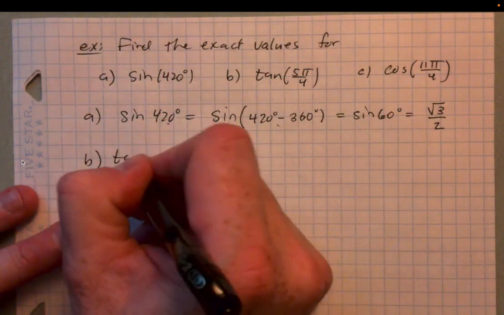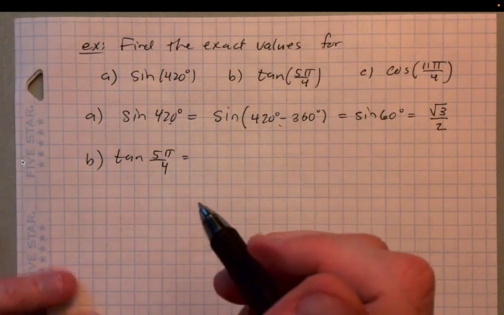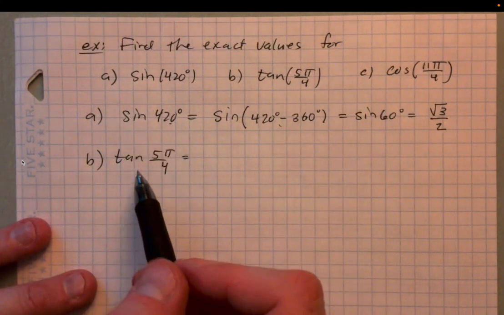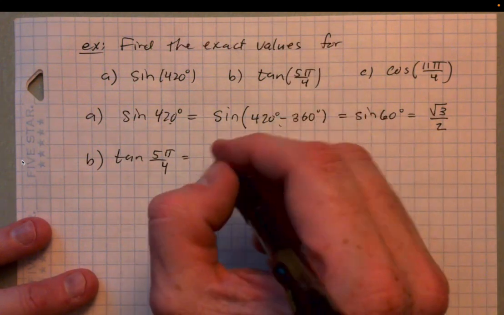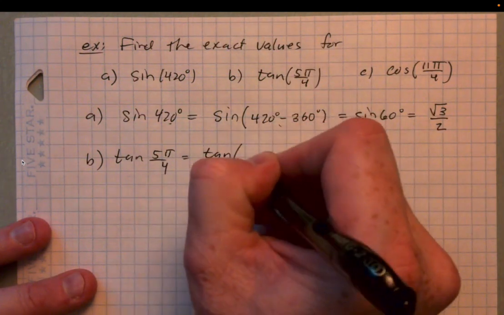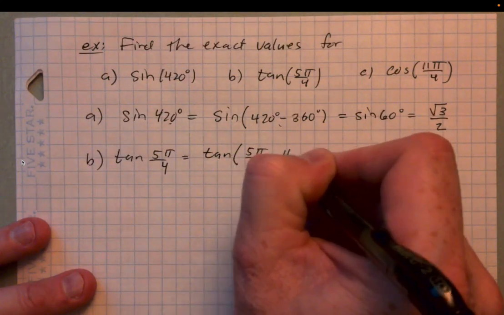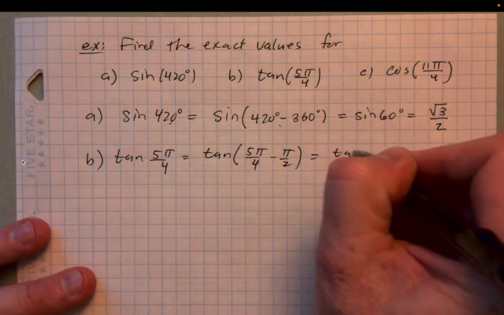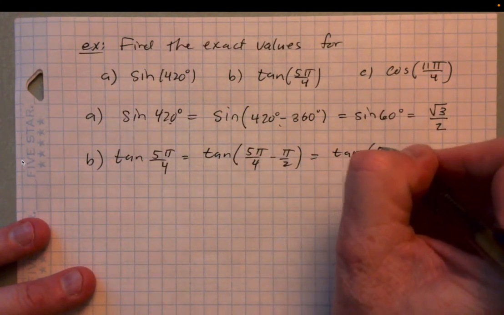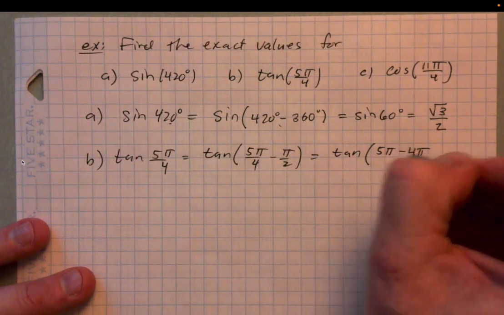So the tangent of 5 pi over 4, well, I don't know what that is, but I know the tangent is periodic with period pi over 2. So I could subtract pi over 2 from this. So instead of 5 pi over 4, let's go 5 pi over 4 minus pi over 2. And that gets me tangent of 5 pi minus 4 pi all over 2.